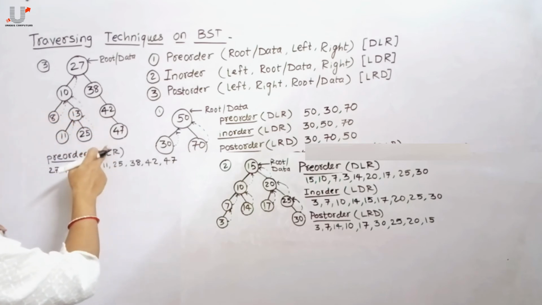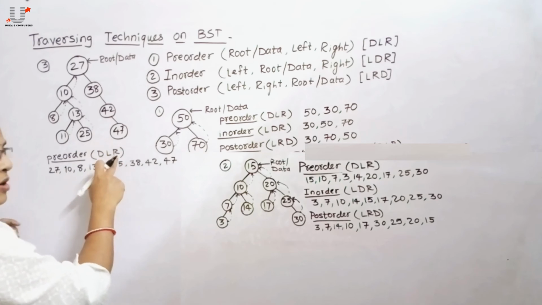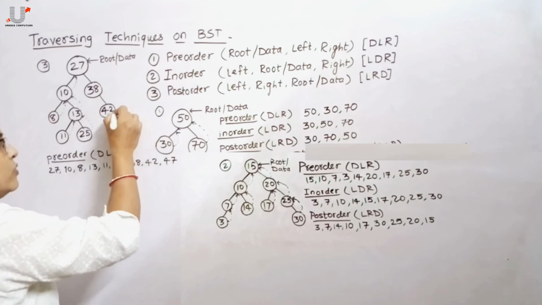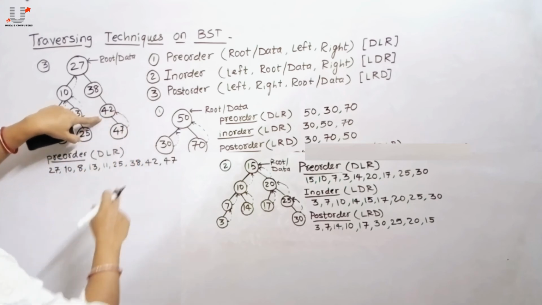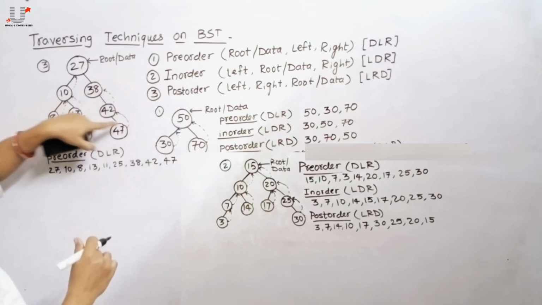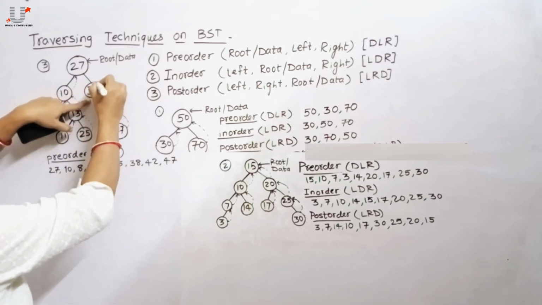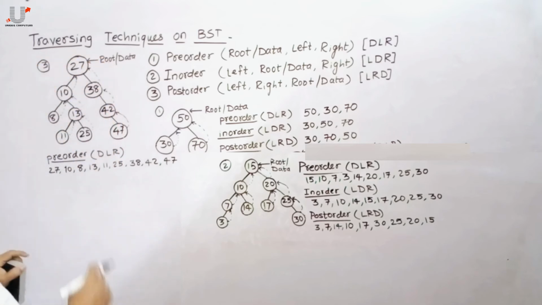As no left child is there for 47, it will check for the right subtree; no right subtree is present, so the control will transfer to its previous location, that means 42, as it has already been marked as visited. Then the control will transfer to its previous location, that means 38, as it has been processed, and again to its previous location, that means 27, which has already been marked.